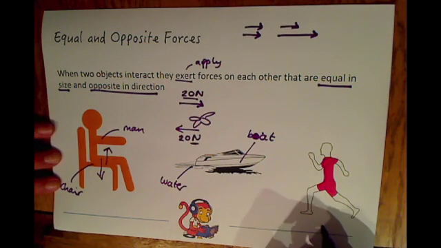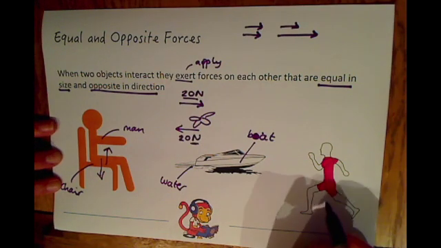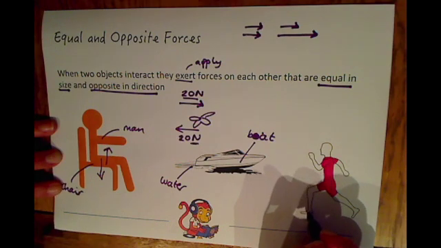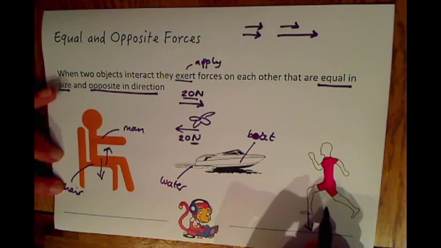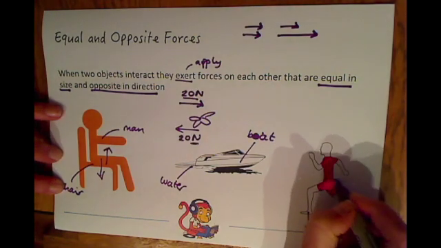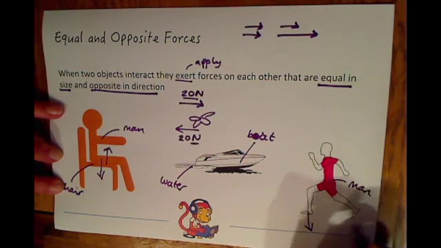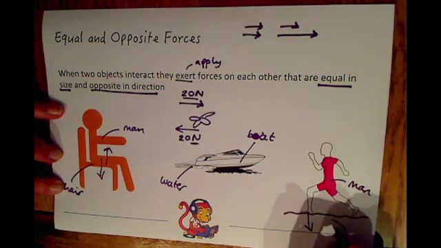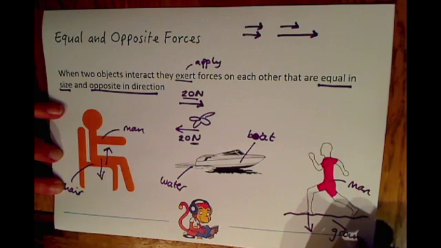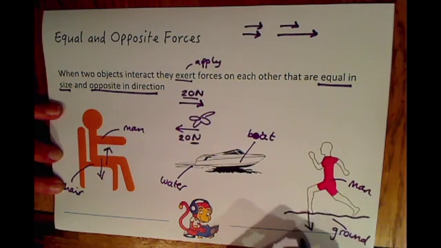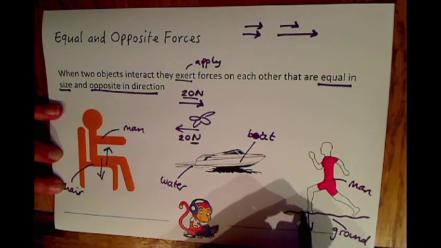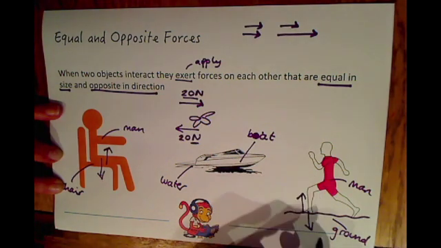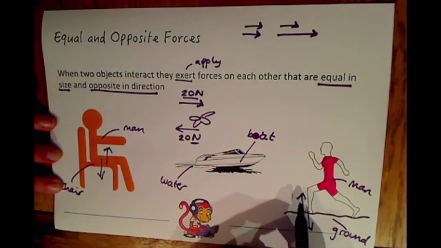And similarly, if this man wanted to jump, when he jumps, he exerts a force downwards on the ground, but because of this rule as well, the two objects that we've got are the man and the ground. Then when the man exerts a force on the ground, the ground will also exert a force which is equal in size and opposite in direction.